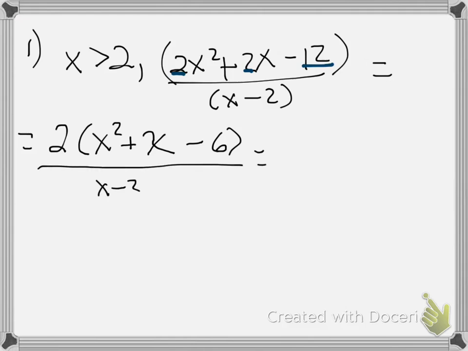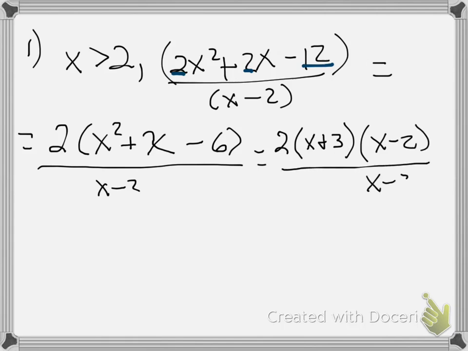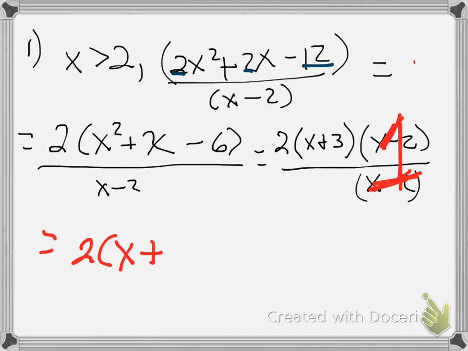Well, that quadratic factors into 2 times x plus 3 times x minus 2, and that's all over x minus 2. But hey, look at that, we can make that the big giant one. Okay, so our answer then is 2 times x plus 3.